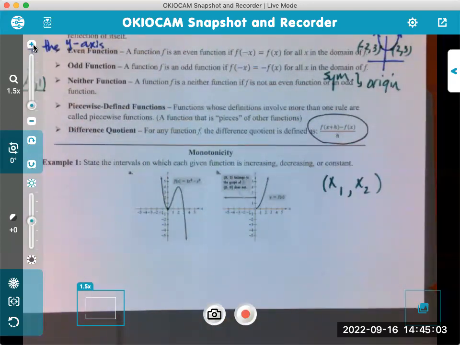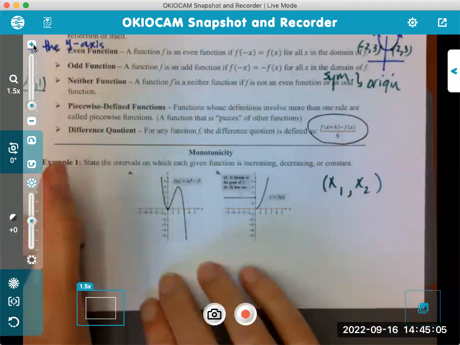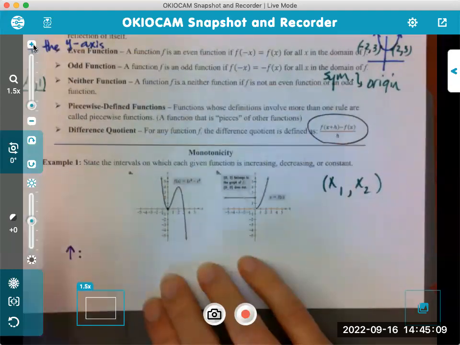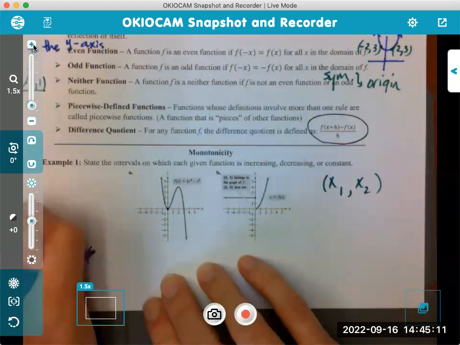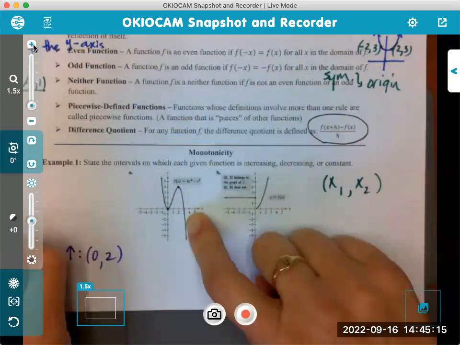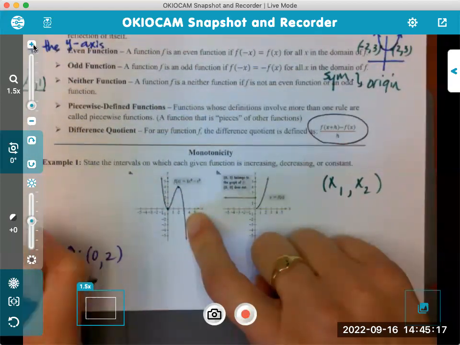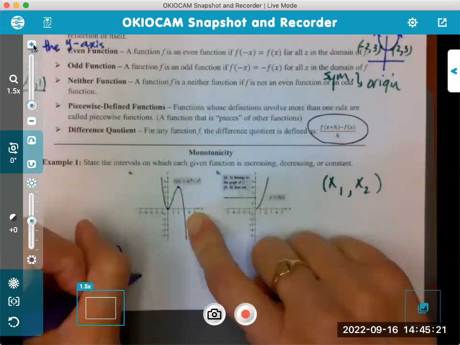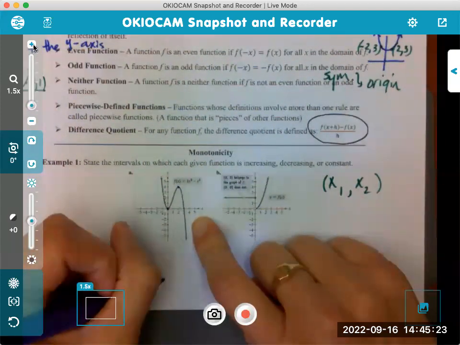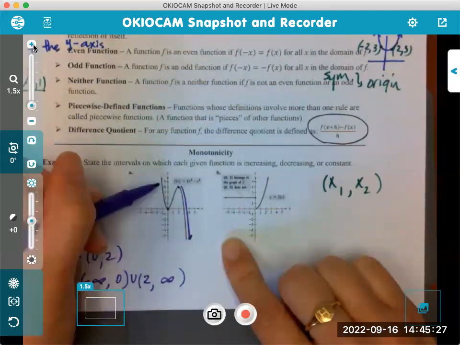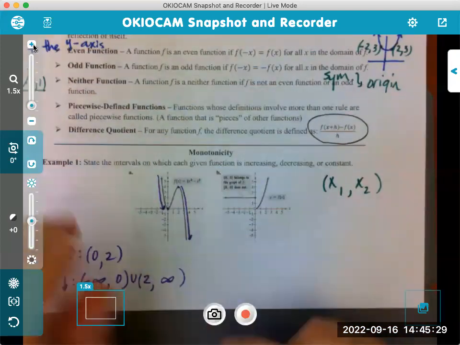So for A, we would have increasing, look at my super technical shorthand for increasing, from 0 to 2. And then decreasing from negative infinity to 0, pardon me, and then union 2 to infinity, right? Because notice we're going down forever and then down forever.